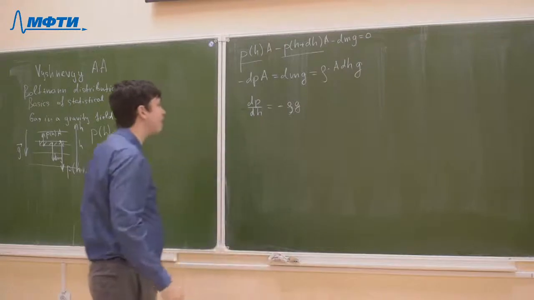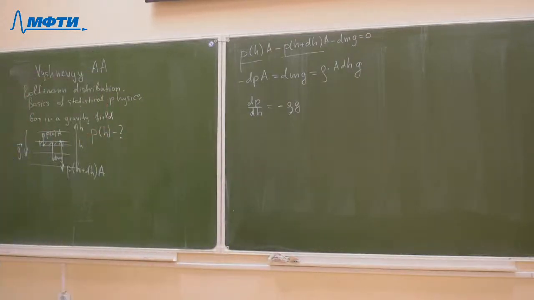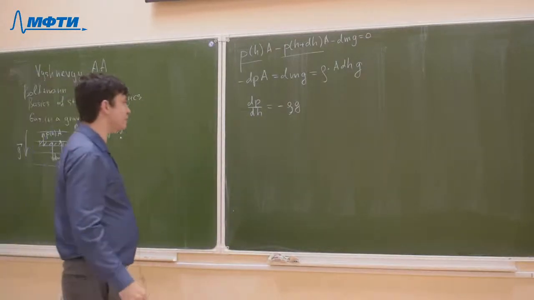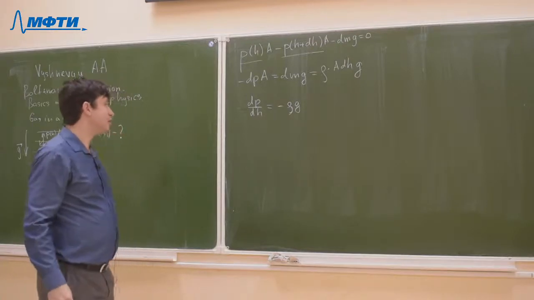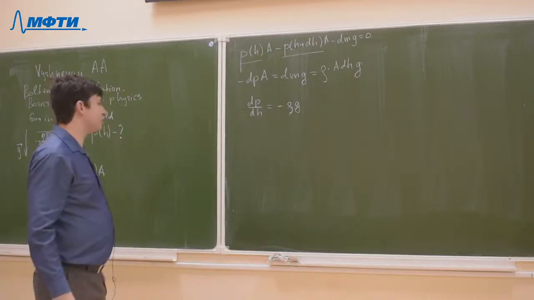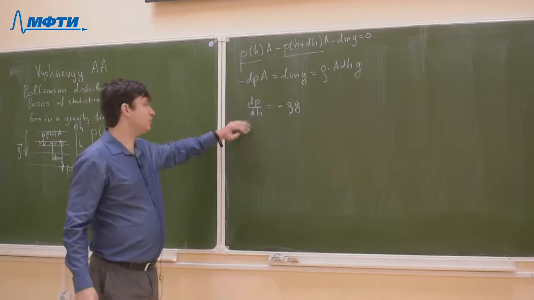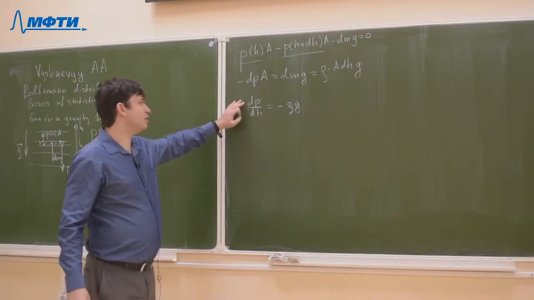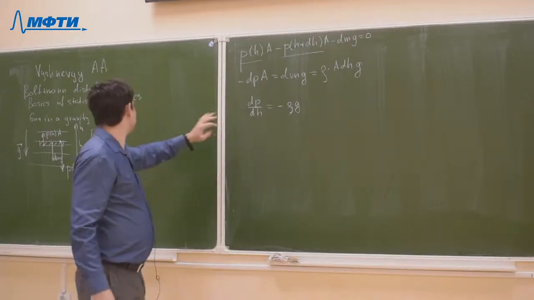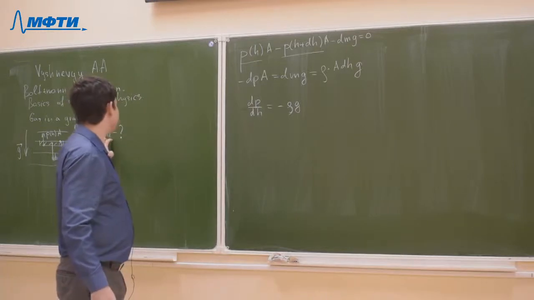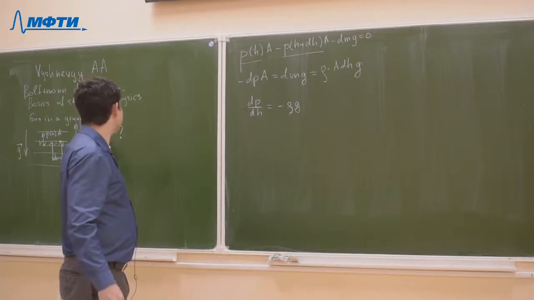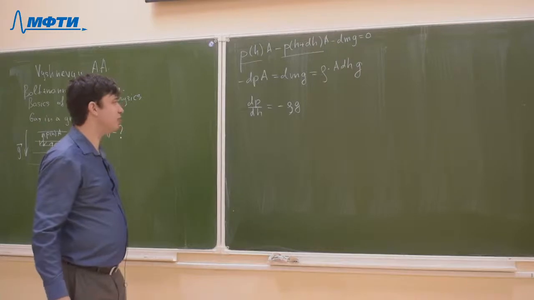Then I should express density of gas as a function of pressure, because I am interested in pressure, so I should have some equation which contains only variables related to the initial task, related to finding the dependence of pressure as a function of height.